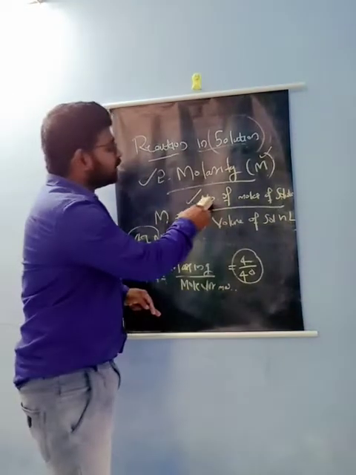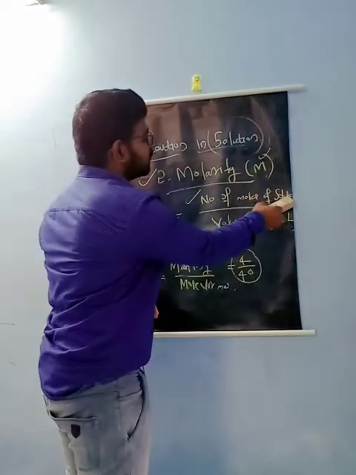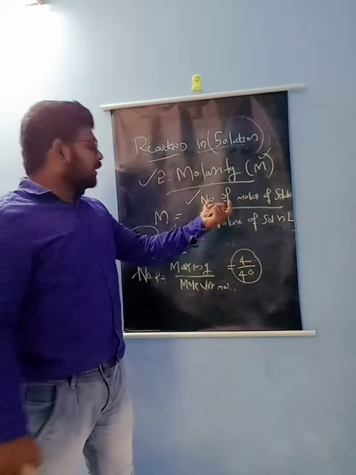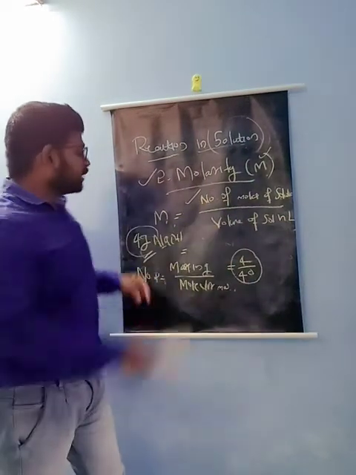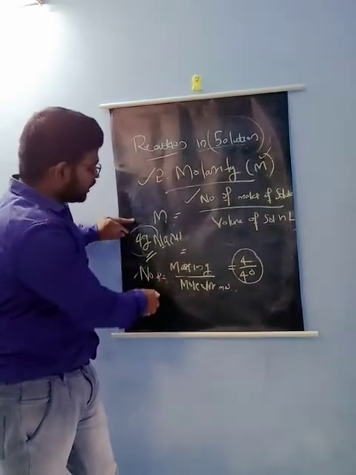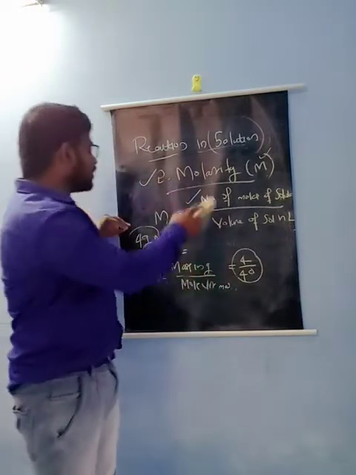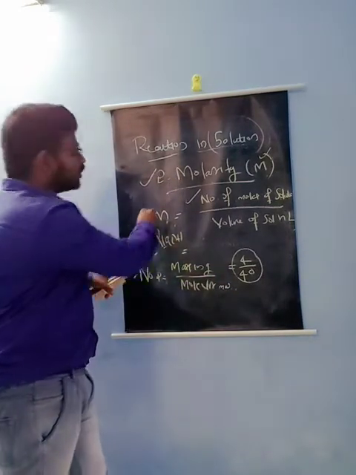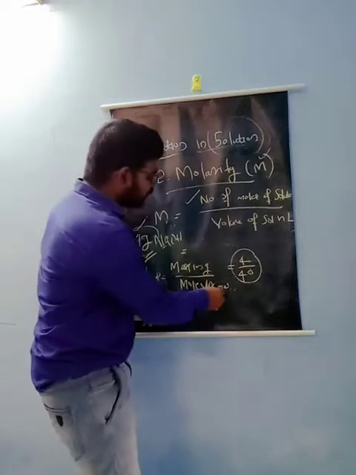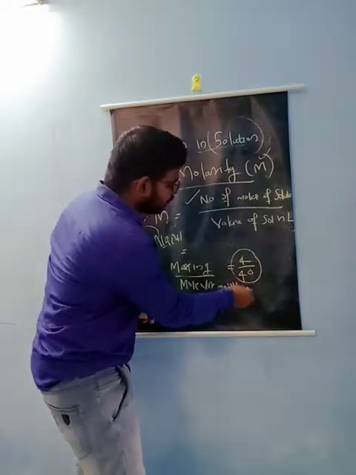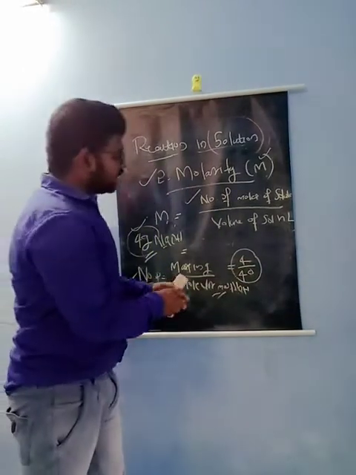So I have to calculate first the number of moles of solute. The number of moles of solute can be determined by using this equation: number of moles is equal to mass in gram divided by molecular mass. Here the given mass is 4 gram of sodium hydroxide and the molecular mass of sodium hydroxide is 40. So the ratio is 4 by 40.